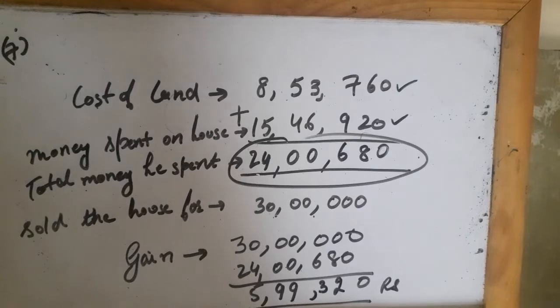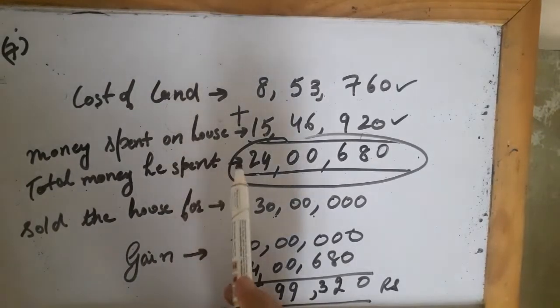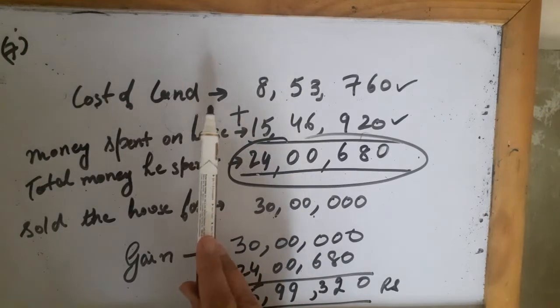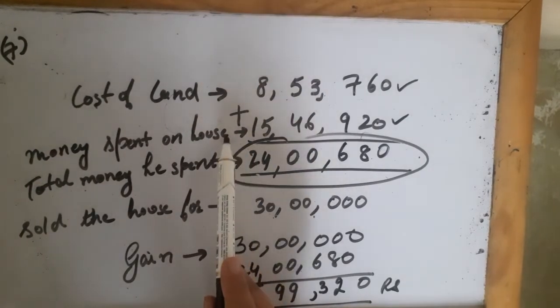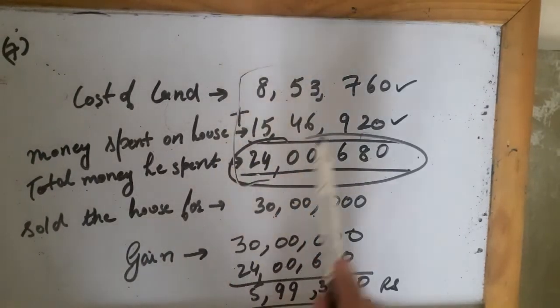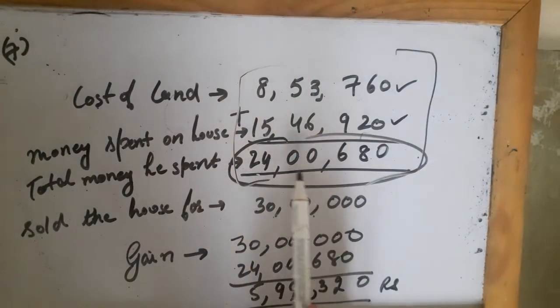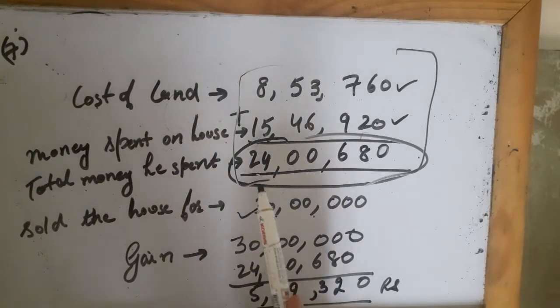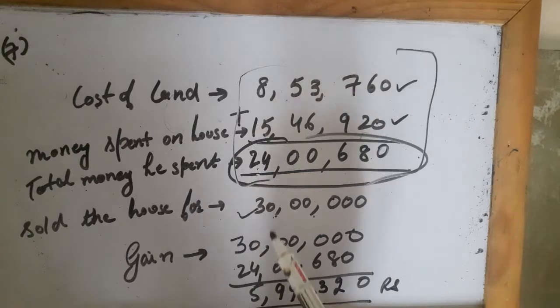99,320. So in this question what we will do, first we will find out how much total money he has spent on that house. First he bought the land and then he built a house on that. So the total money he spent was 24 lakhs. Now because he sold the house for 30 lakhs, more than the money which he spent on the house, it means he had a gain.